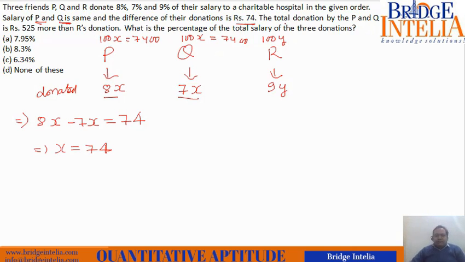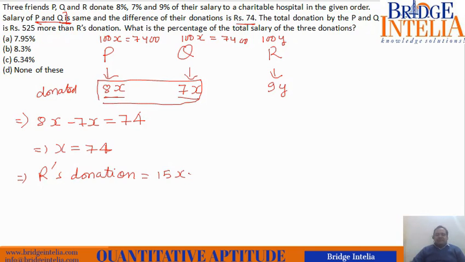Now what? The total donations by P and Q is 525 more than R's donation. So it means R's donation is 525 less than their combined donation. Their combined donation is 15x, minus 525.